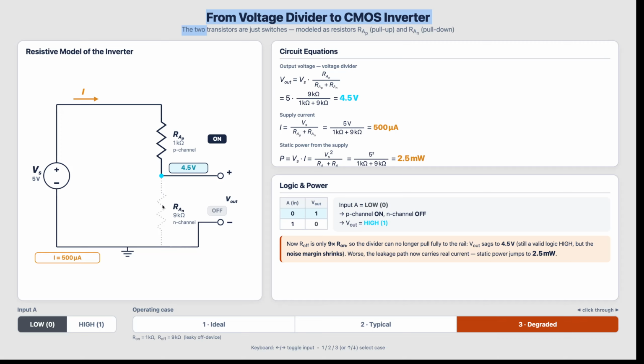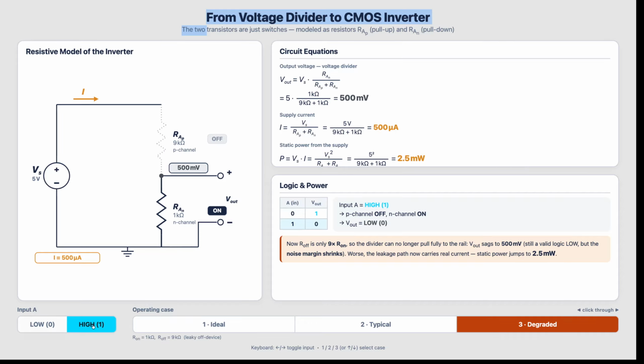So this is not fully off, not fully an open circuit. Because of the voltage divider, you actually get a drop on the output. It's no longer 5, it's 4.5. The current goes way up and the power requirements go way up. You can see that happening under both conditions. If you don't get a really strong off, and you have more leakage currents, then you could get a voltage of about 0.5 volts instead of a 0, and significantly more power consumption.